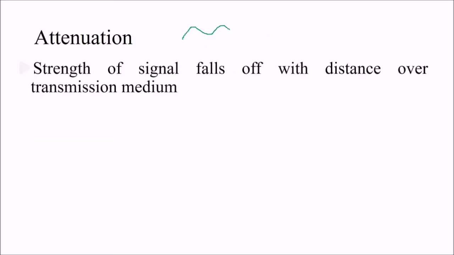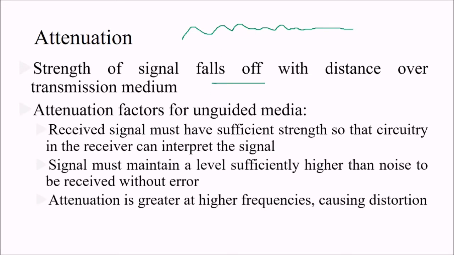See the signal which is sent, after some time the strength of the signal falls off with distance over the transmission medium. So the signal gets degraded. So attenuation factors for unguided media, that means the air. The received signal must have sufficient strength so that circuitry in the receiver can interpret the signal. We receive that signal, and there is a property in the receiving side, that is receiver sensitivity.